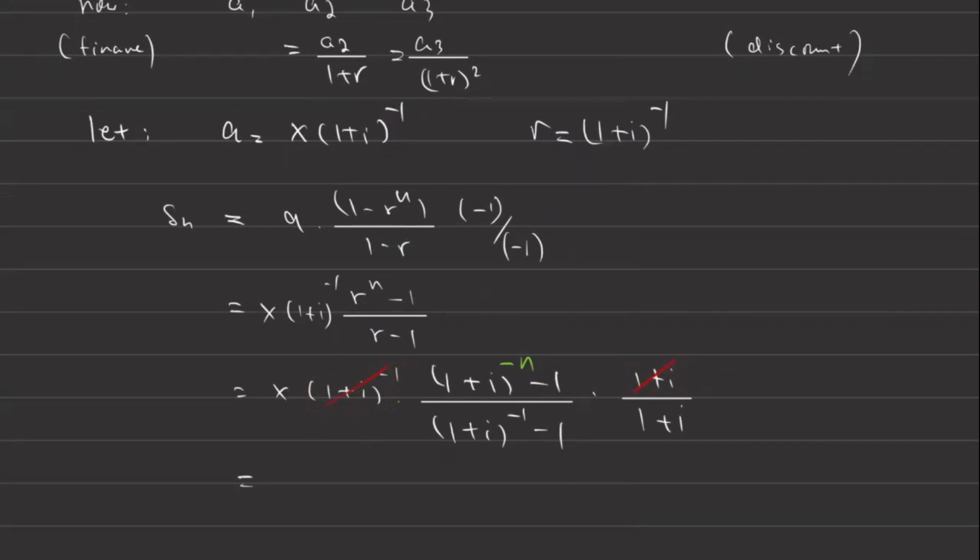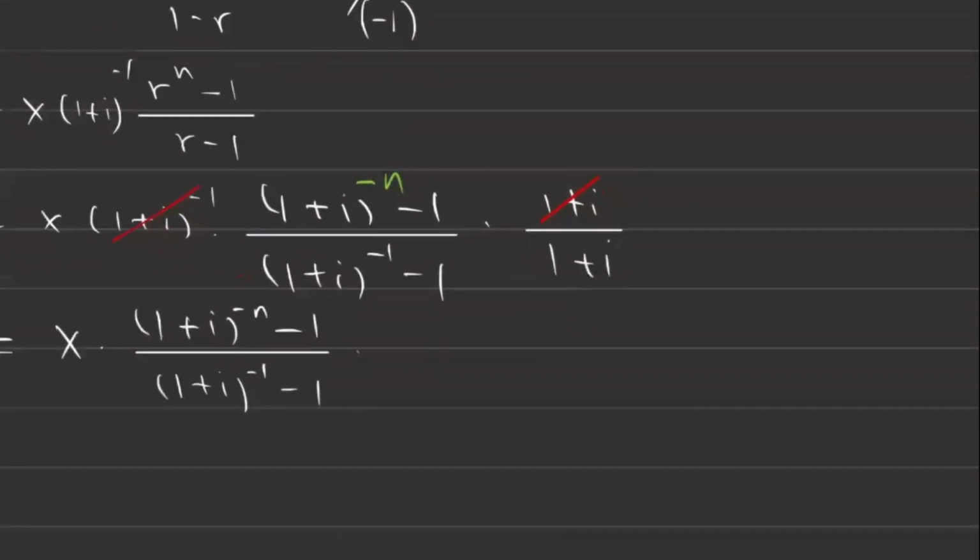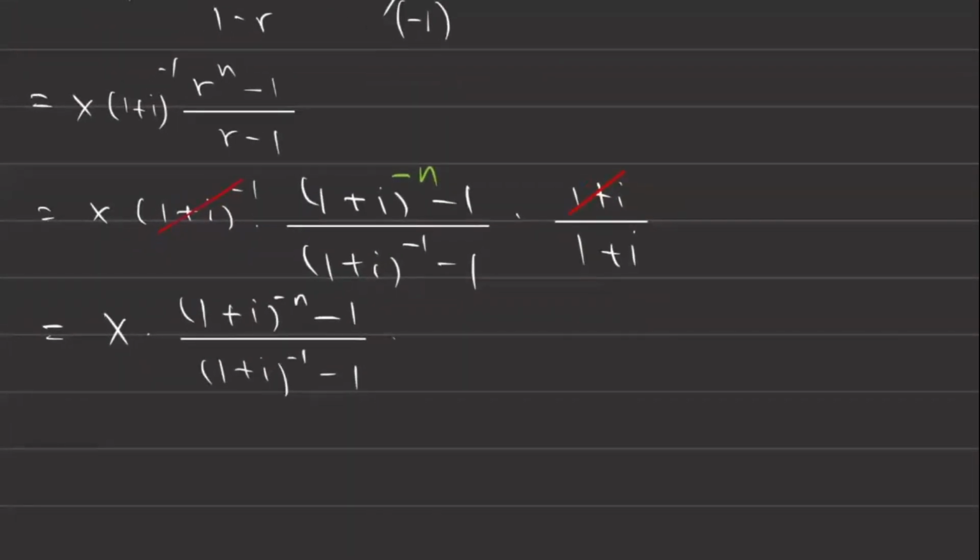And we're almost there. So here you have what? X. We have left us with (1 plus I)^(minus n) minus 1. And then here we have over (1 plus I)^(minus 1) minus 1. And then notice that we have one more term here, that's 1 plus I, that we need to get in here, right? So let's do a small draft on the right-hand side. What will happen if you get that in there?